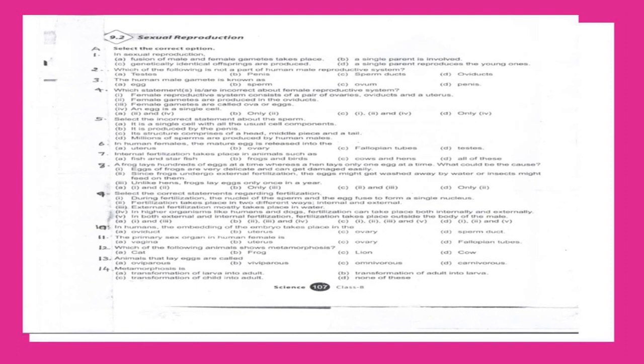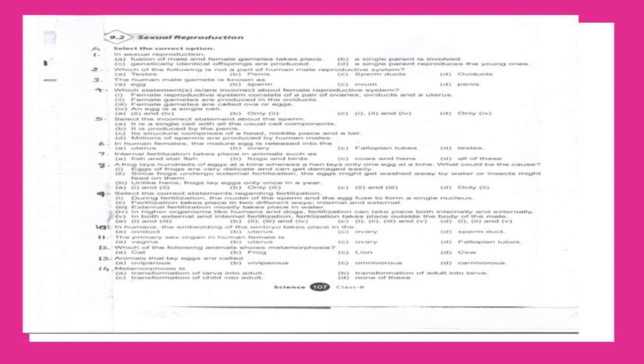It is called metamorphosis. At first it will not resemble the adult. First egg stage, larva, pupa, adult. Egg stage, nymph, adult. We studied two types, incomplete metamorphosis and complete metamorphosis. I hope you understand. So frog shows complete metamorphosis.